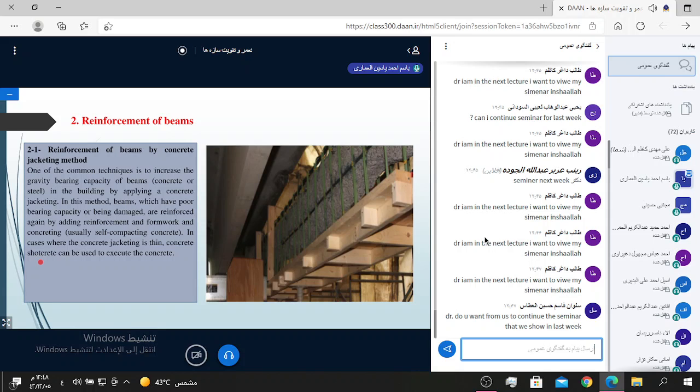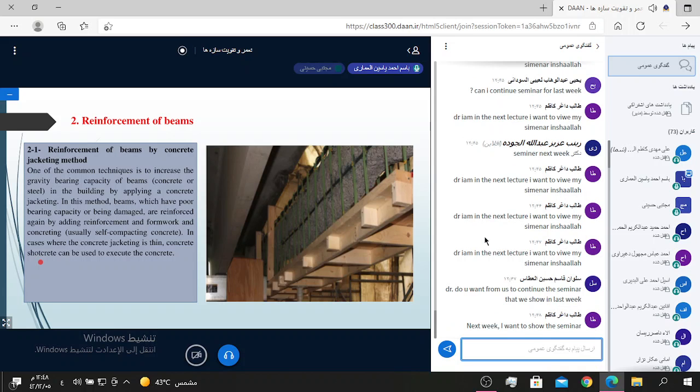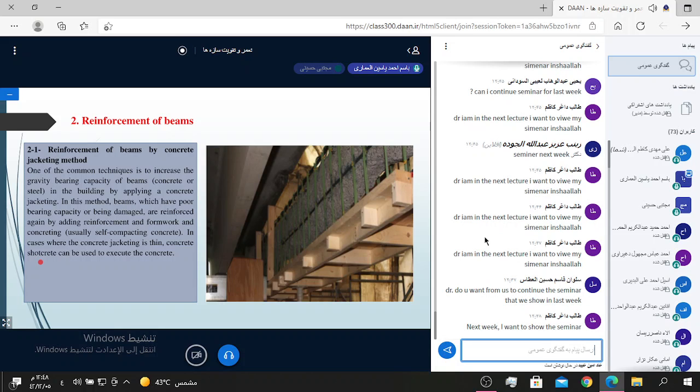In this method, beams which have poor bearing capacity or are damaged are reinforced again by adding reinforcement and formwork concreting, usually compact concrete. Where the concrete jacketing is thin, shotcrete can be used to apply this concrete, like this picture.